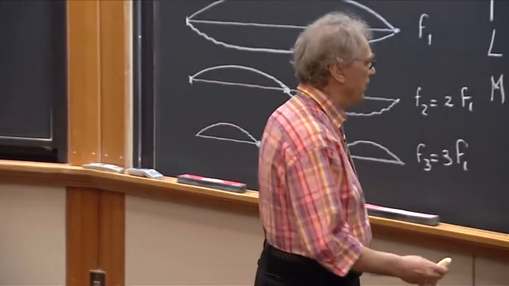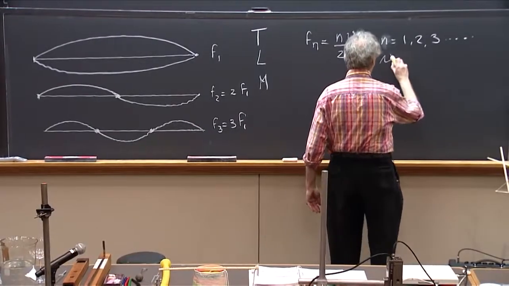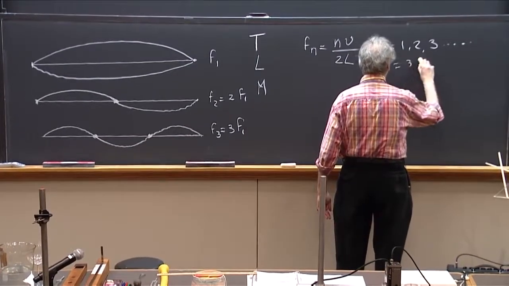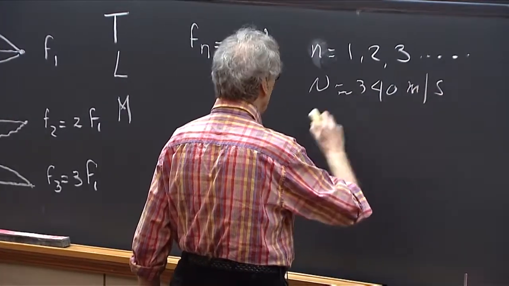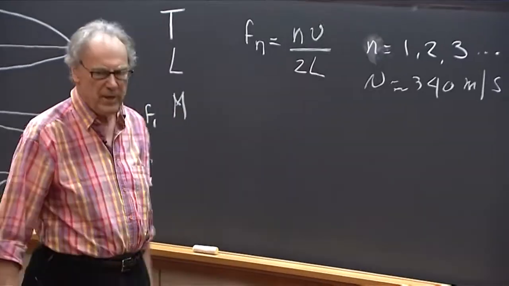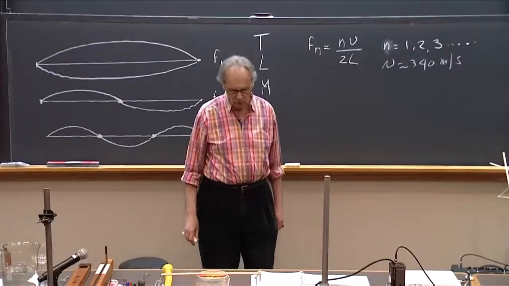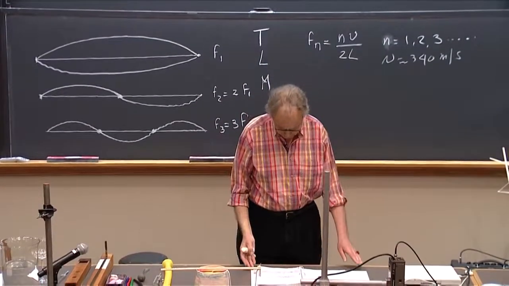So V is always very close to 340 meters per second. Depends a little bit on the temperature in the room. And L is the length in meters. So it's a very easy calculation.